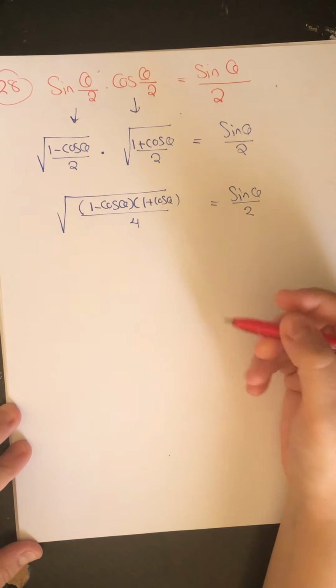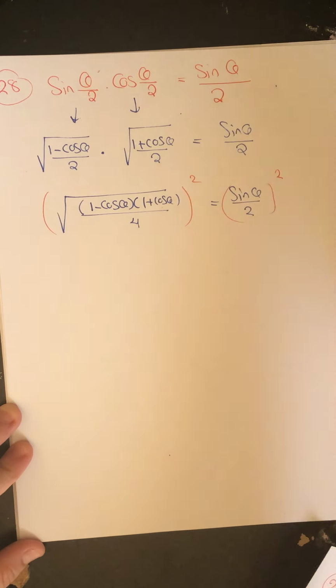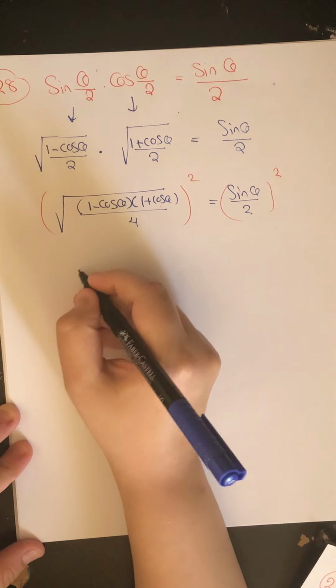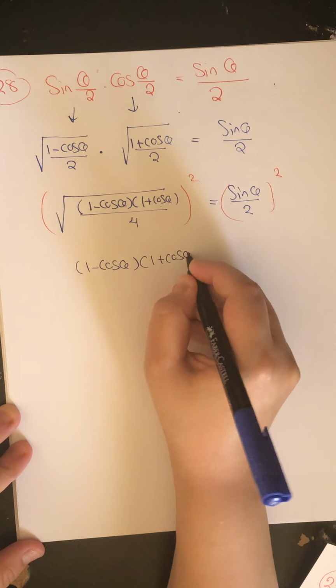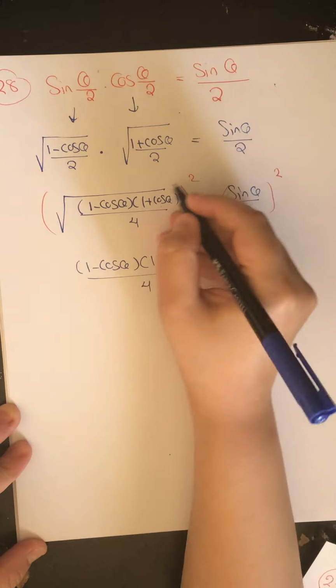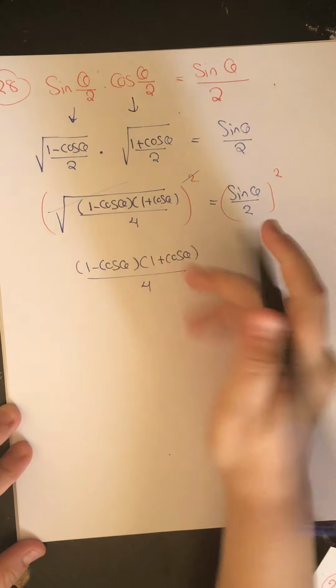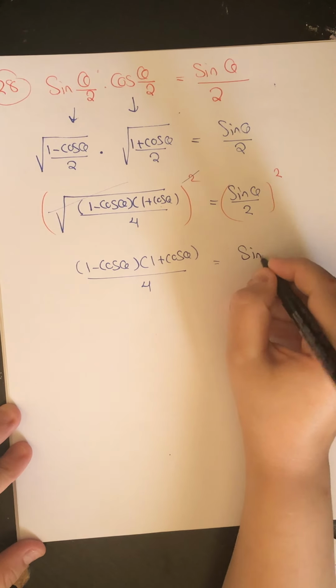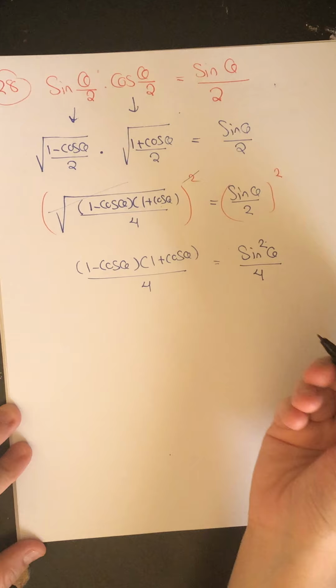What am I supposed to do? I'm supposed to square this side and square this side. Right? So now I have 1 minus cosine theta times 1 plus cosine theta over 4. The root will get cancelled with the square, and that's it. Do not do anything inside. Equals sine squared theta over 4. It's getting clear now.